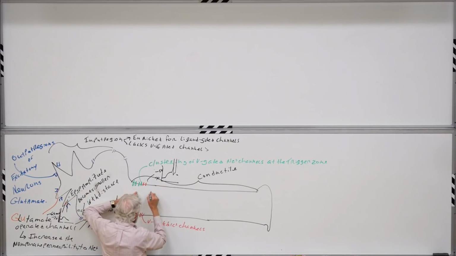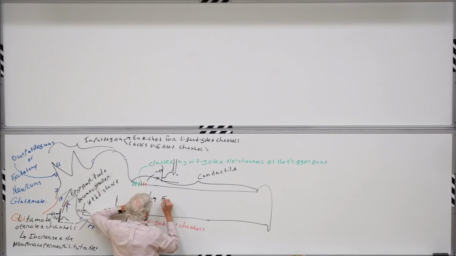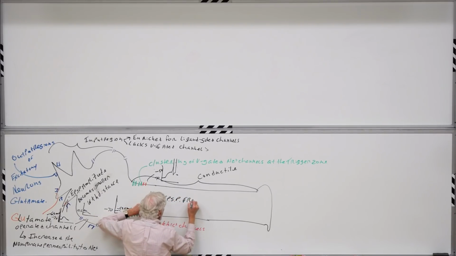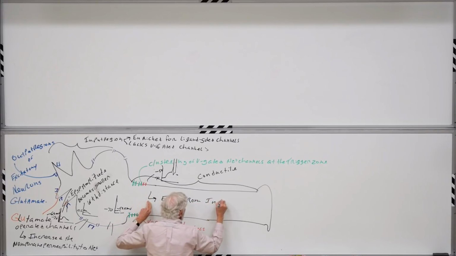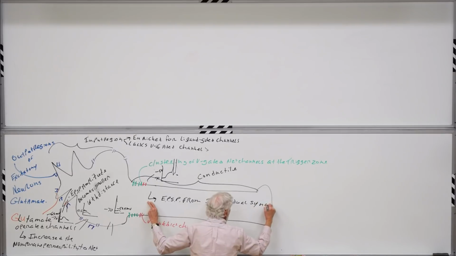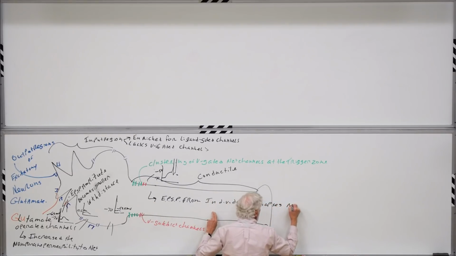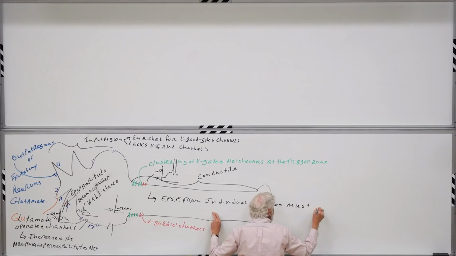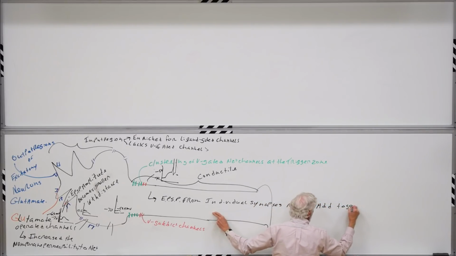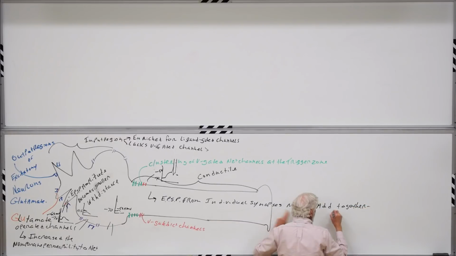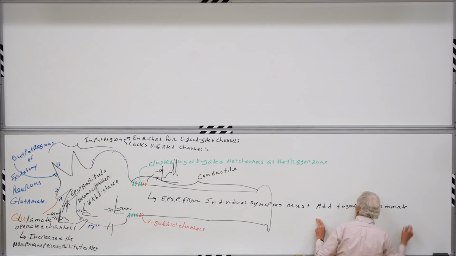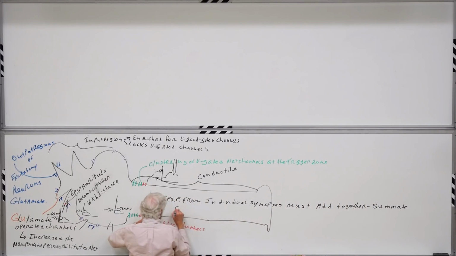So we must have the EPSPs from individual synapses add together. The official term for this is summate, at the trigger zone.